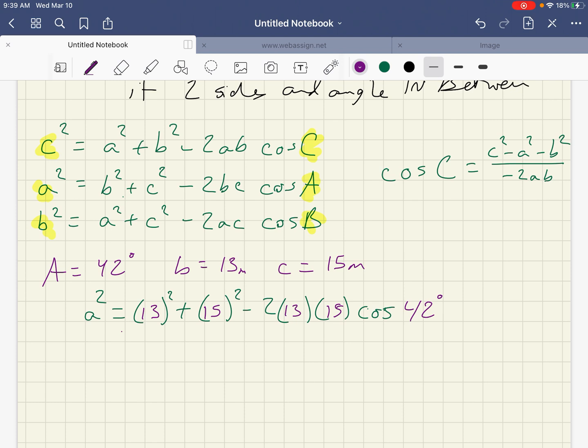So we're going to do 13 squared plus 15 squared minus 2 times 13 times 15 times cosine of 42. I'll plug it in all at once. Remember that this gives me a squared. Let's keep a couple of decimals right now, and then I'm going to square root both sides to solve. So I'm going to square root to get a.